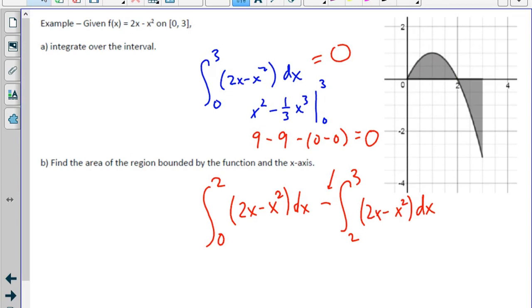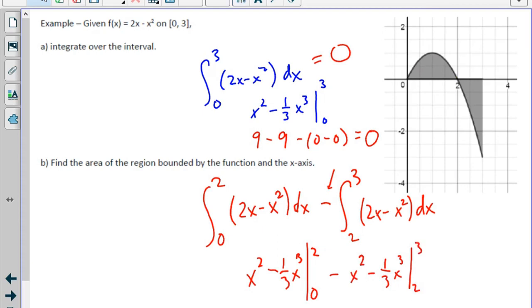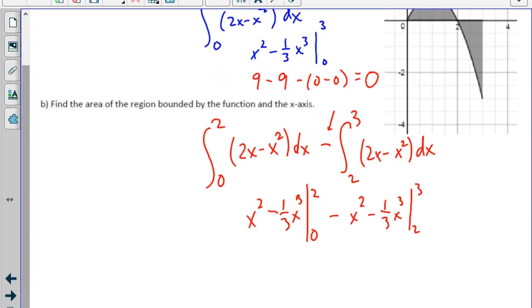So I take the integral. Remember, an antiderivative was x squared minus 1/3 x cubed. I'm going to evaluate that from 0 to 2, and then I'm going to subtract what happens when I evaluate this from 2 to 3. So what ends up happening is I get 4 minus 8/3, and when I substitute in 0, both of those turn into 0, minus this function when I substitute in 3 and 2.